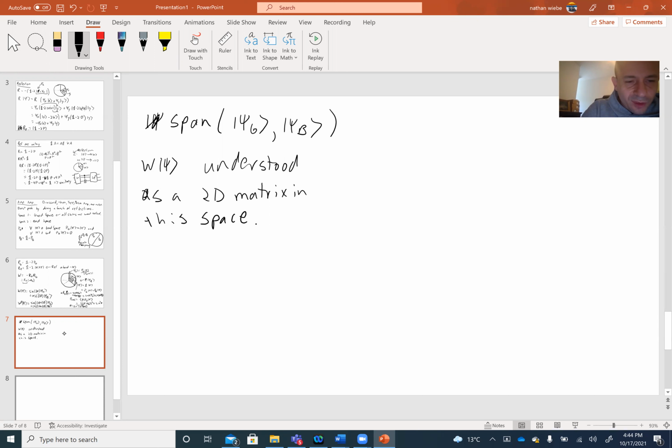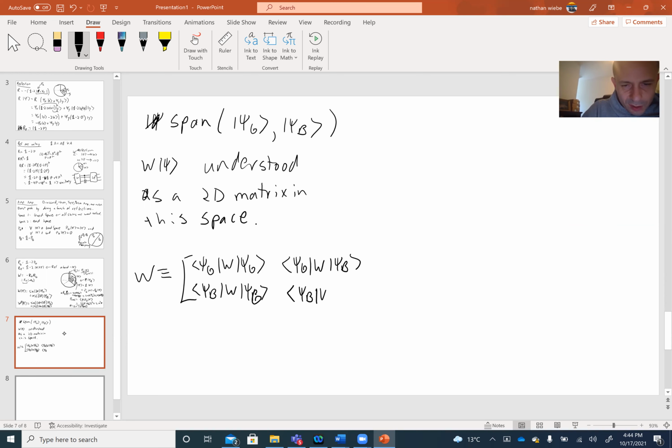We can view W as equivalent, only inside this two-dimensional subspace, to psi G W psi G, psi G W psi B, psi B W psi G, and psi B W psi B.